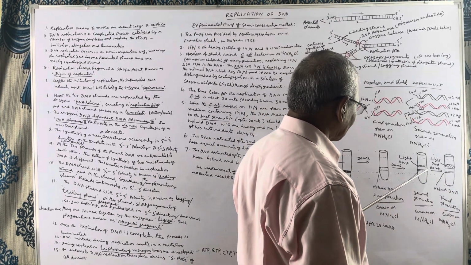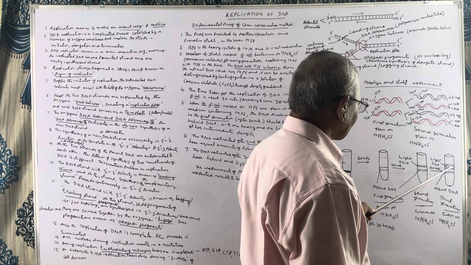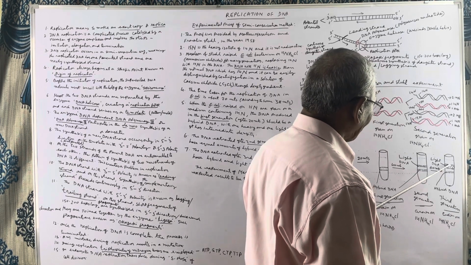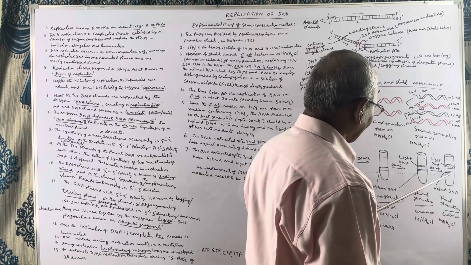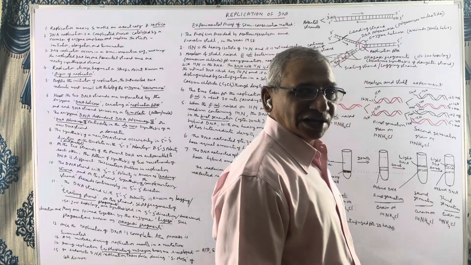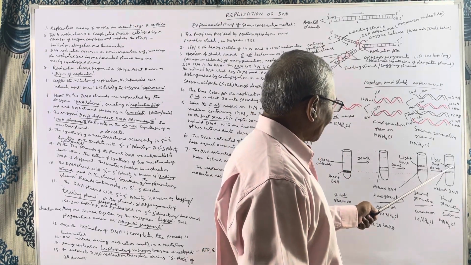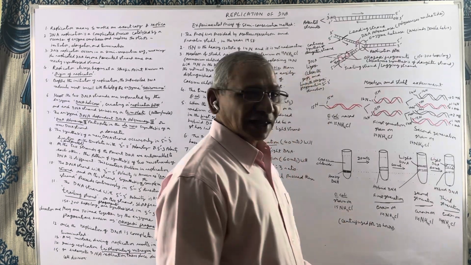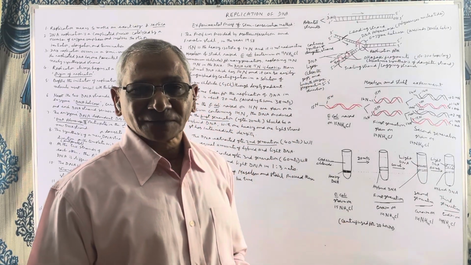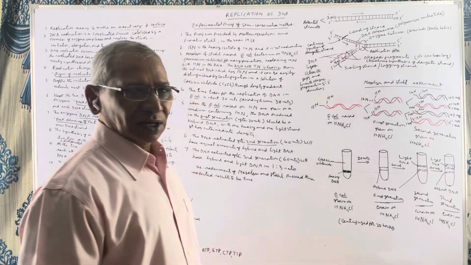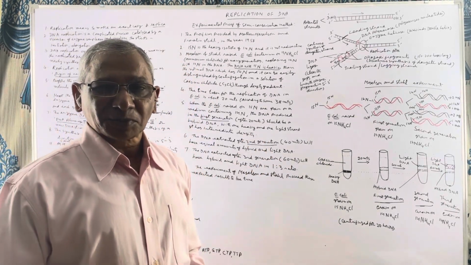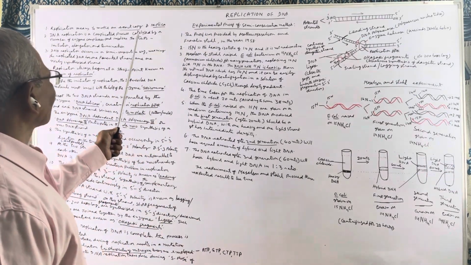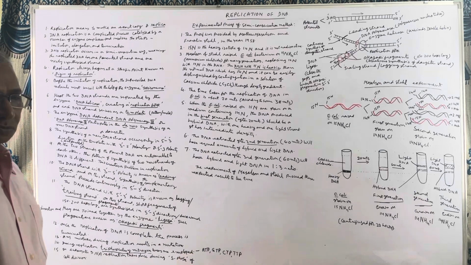Hybrid DNA is formed, see, this one like this. This is lighter DNA. See the width of this band. This band is 3 times wider than this band. It clearly shows that lighter DNA is 3 times more than the hybrid DNA. So in this way, Meselson and Stahl have provided experimental proof in support of the semi-conservative nature of DNA.